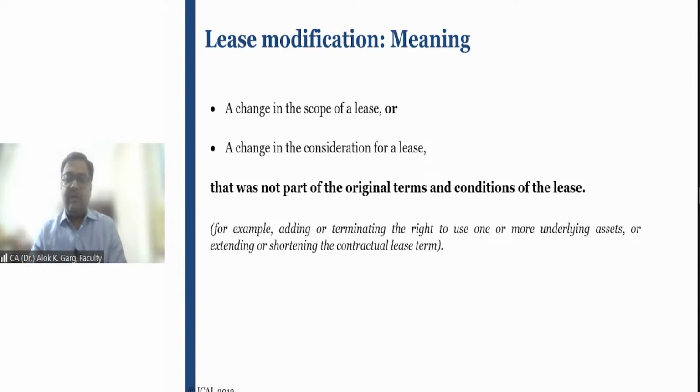But after 2 years, the property prices have doubled, from 1 crore to 2 crores. Since property prices have increased, property rentals have also increased.